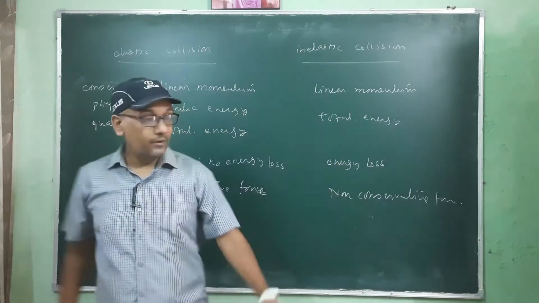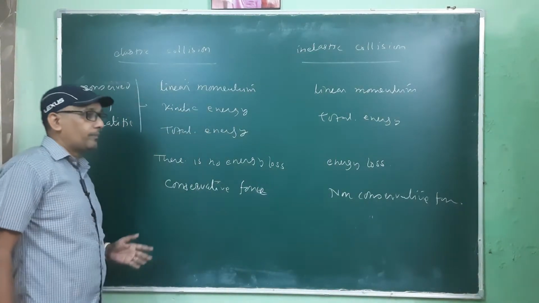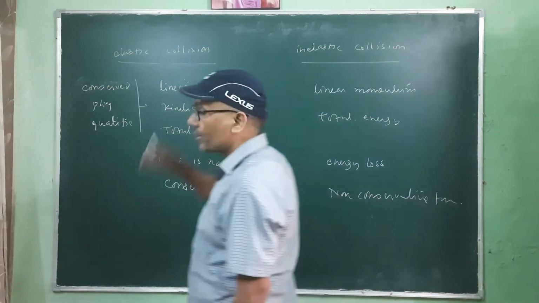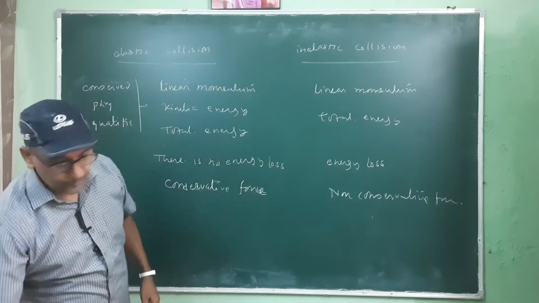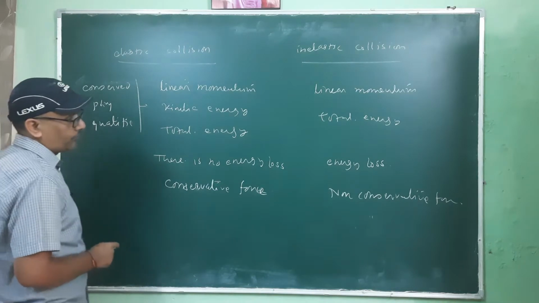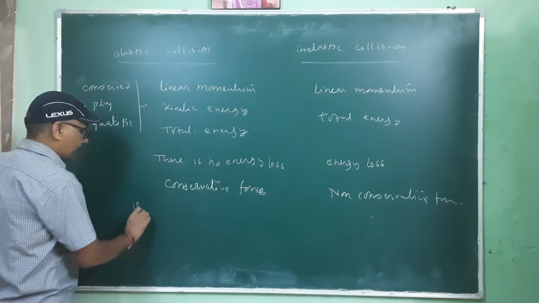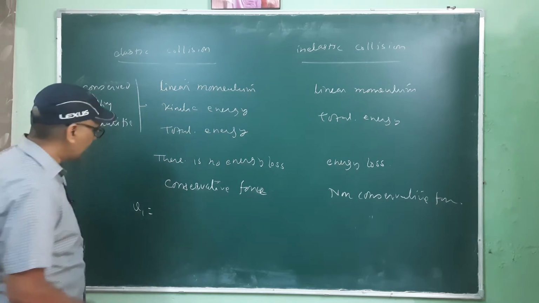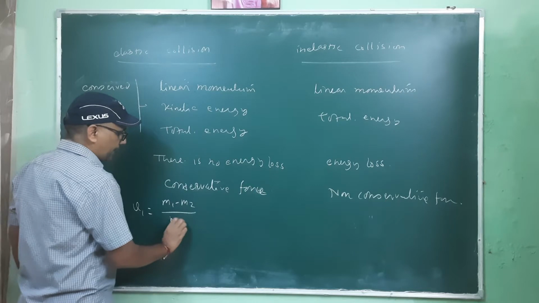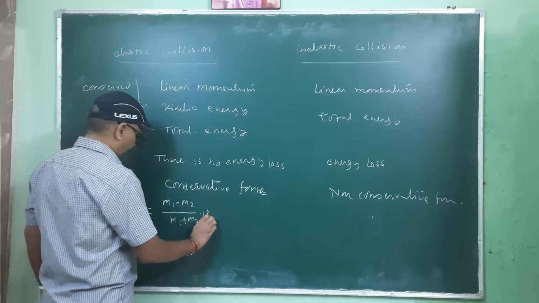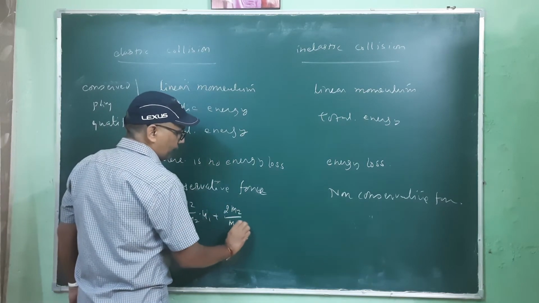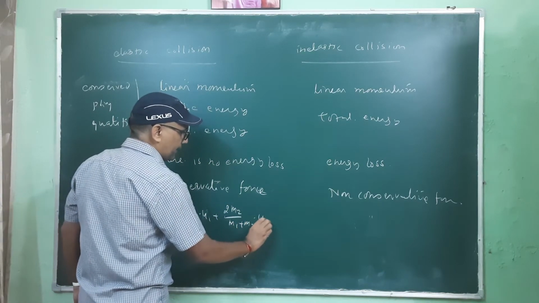In the last class we derived some parameters related to elastic collisions by taking conservation of momentum and conservation of kinetic energy. We have the final velocity v1 after elastic collision, equal to (m1 minus m2) by (m1 plus m2) multiplied by u1, plus 2m2 by (m1 plus m2) multiplied by u2.